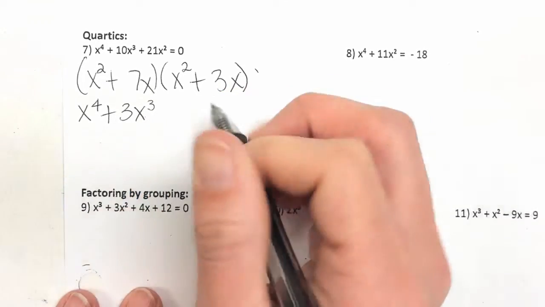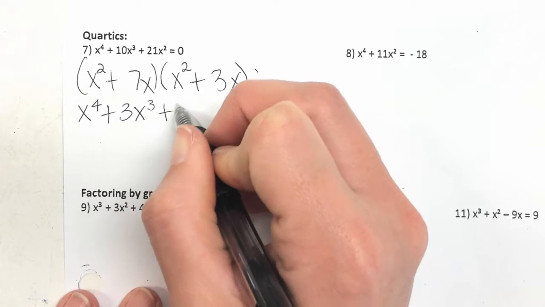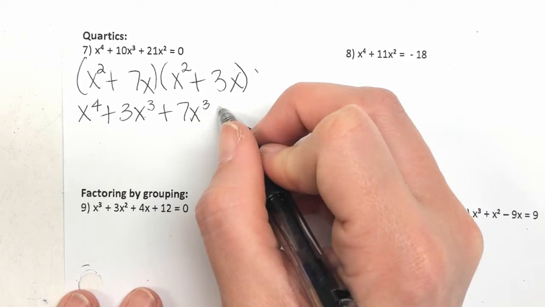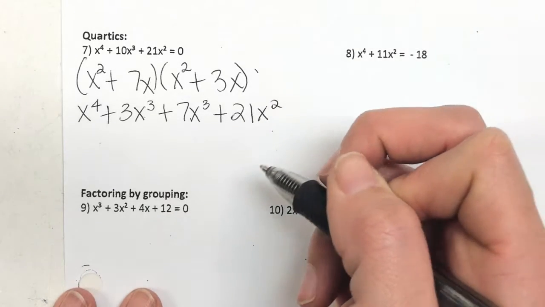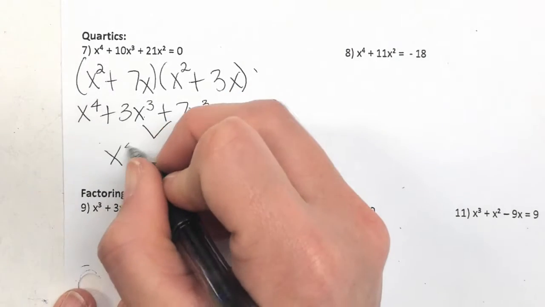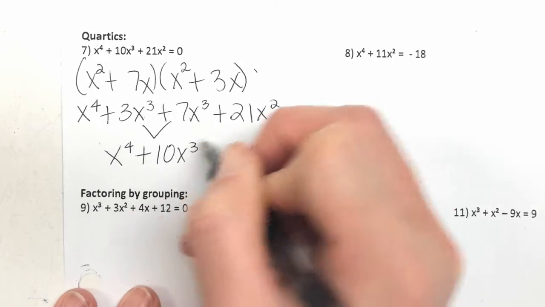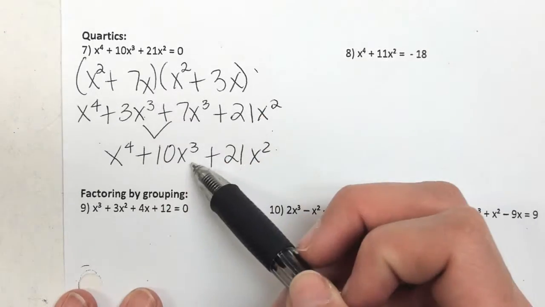Good. Caleb, what's my inner terms multiplied together? Good. Andrew, what's my last terms multiplied together? 21x squared. Good. And we can combine which terms? Right here, the middle. So we get x to the 4th plus what? 10x cubed plus 21x squared. Is that the same thing we started with? Good.